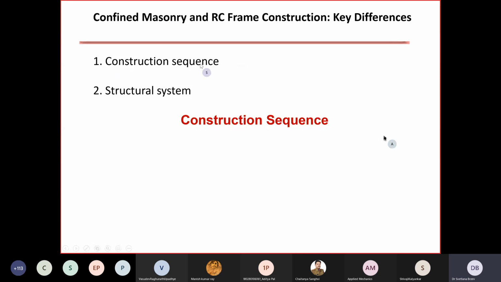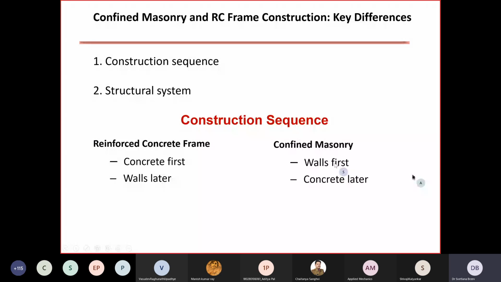One is in the construction sequence, and the other, even more important, is the different structural system: frame system versus wall system. In terms of construction sequence, in the case of reinforced concrete frames, we first construct the reinforced concrete elements and then the infill walls. In the case of confined masonry, walls are constructed first, followed by concrete elements.